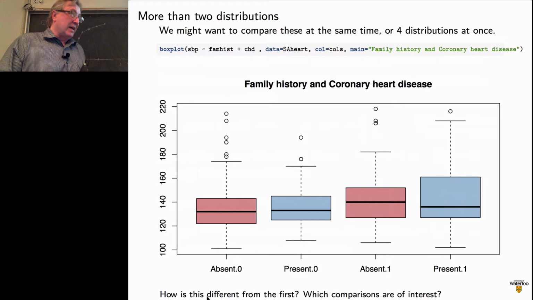When we saw the ones that had no family history before, it was this pink group plus that pink group. When we saw the ones that had no heart attack, it was these 2 grouped together versus these 2 grouped together. This is a more refined model. These are different comparisons.